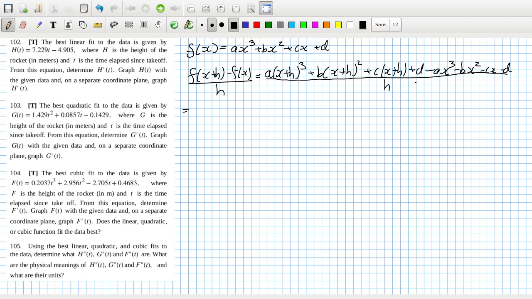So when you expand that, the d's will cancel and all of these will cancel when these are expanded. So that'll be ax cubed, which is cancelled. Then that'll be ax squared with a 3 in it: 3ax squared h plus 3axh plus ah cubed plus bx squared plus 2bxh plus bh squared plus ch, all over h.